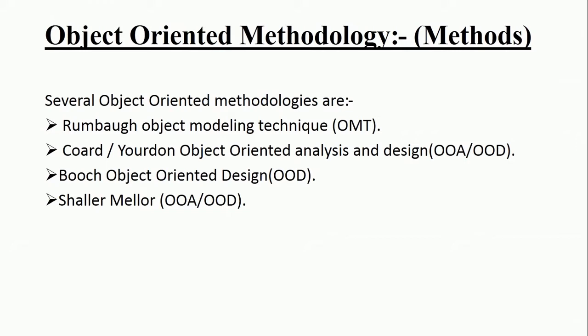The first is the Rumbaugh Object Modeling Technique, OMT. It was one of the first object-oriented methodologies, and it was introduced by Rumbaugh in 1991. The Object Modeling Technique uses three different models that are combined in a way that is analogous to the older structured methodologies.